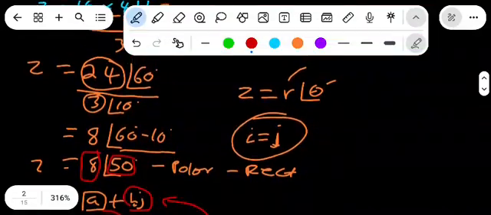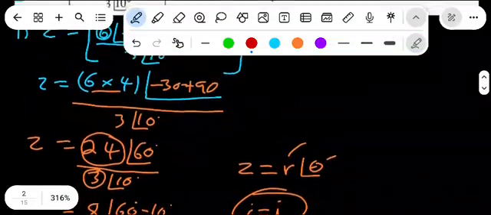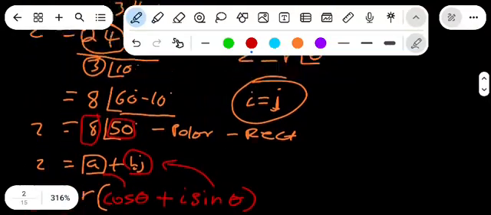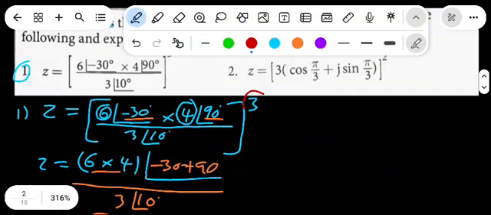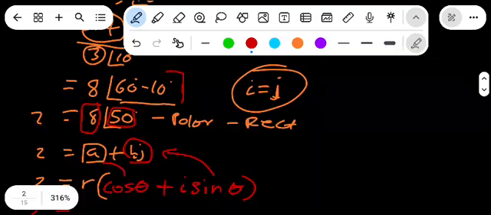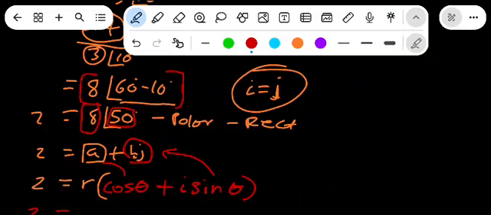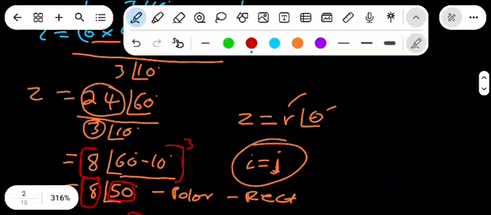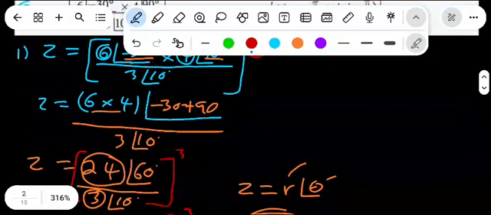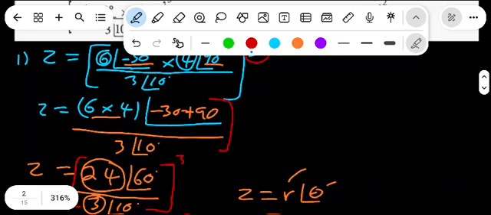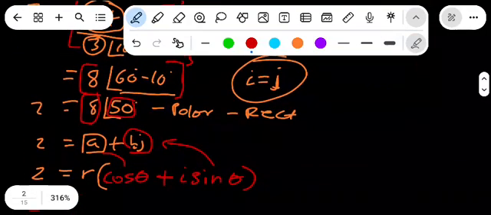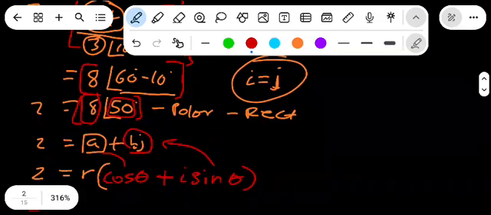But there's something we have forgotten here. Remember, this was raised to the power of 3. How can I forget that? All of this must be raised to the power of 3.